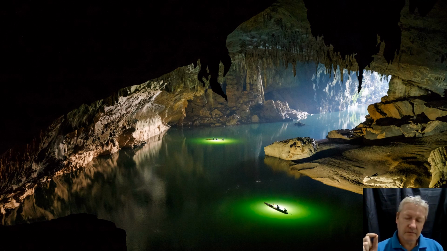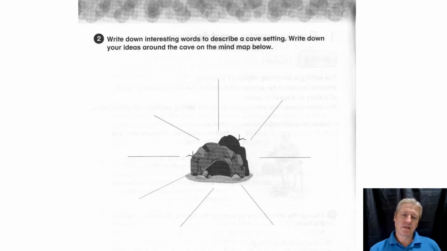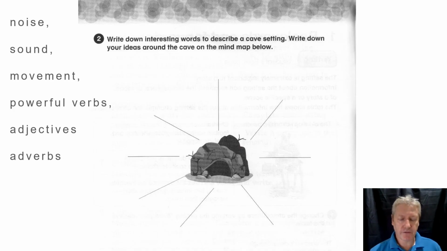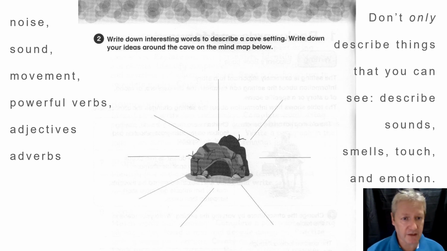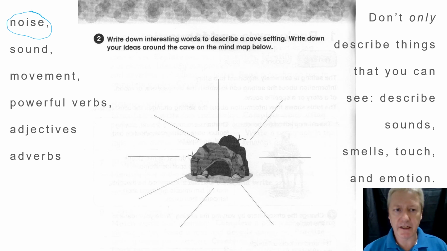So, the next task, you're going to describe a cave. To describe your cave, first think, what does it look like, and what does it feel like to be there? And then, before you start writing any sentences, is there a noise that your character can hear in the cave?